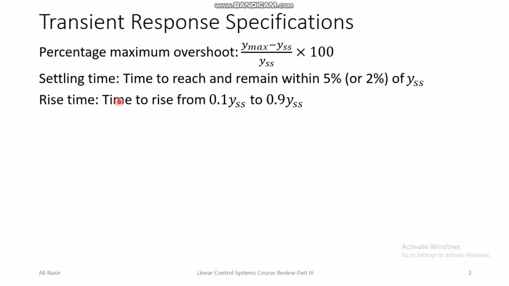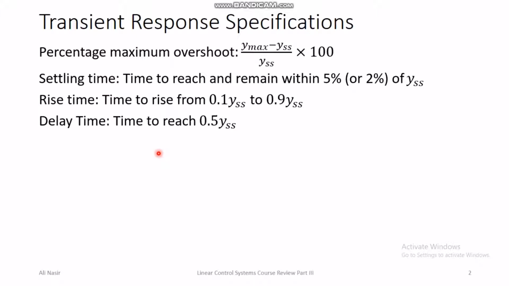By the way, in this course we will go with the 5% of the steady state value as the settling time. Rise time is the time to rise from 10% to 90% of the steady state value, and delay time is the time to reach 50% of the steady state value from the initial time.